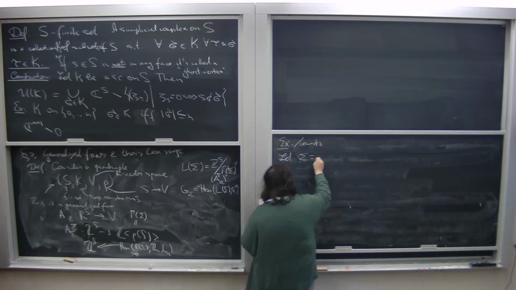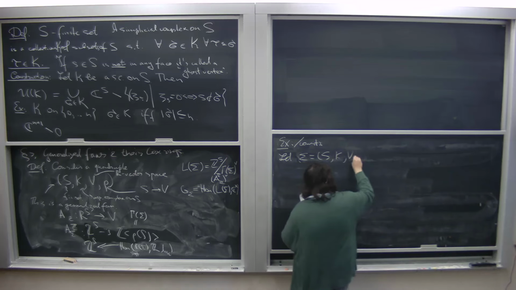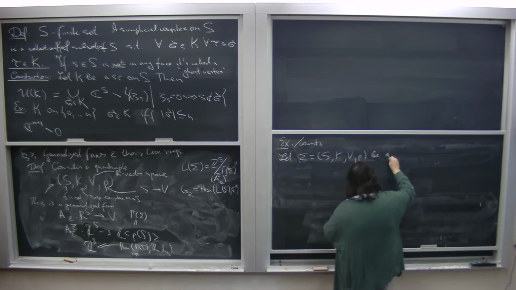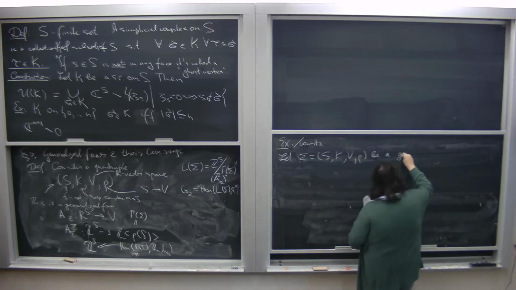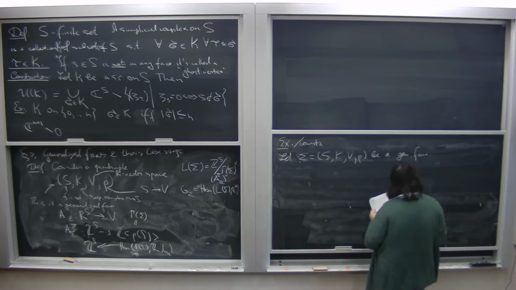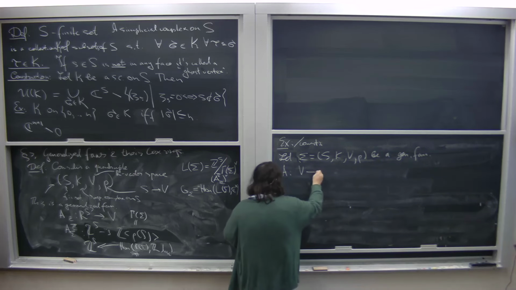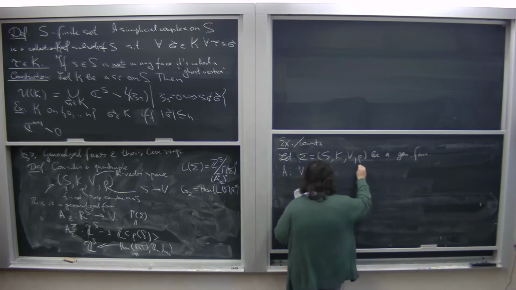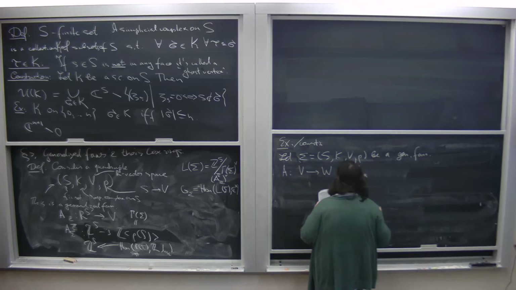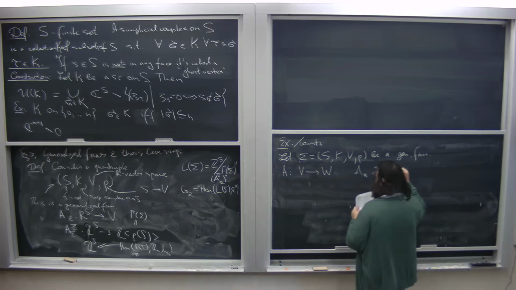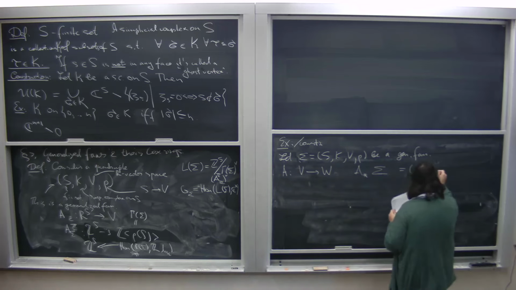So let sigma equal (S, K, V, rho) be a generalized fan, and assume that you have some linear operator that goes from V to W. Then you can define a push forward generalized fan like this.